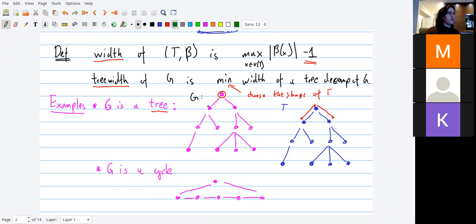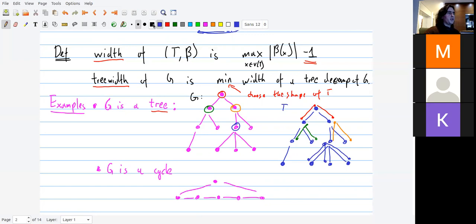So for instance, this vertex, the green one, will be embedded to a subtree consisting of like that. Then, for instance, the orange one here, and say the blue one, for instance, here will look like that. I hope that you see the pattern here.